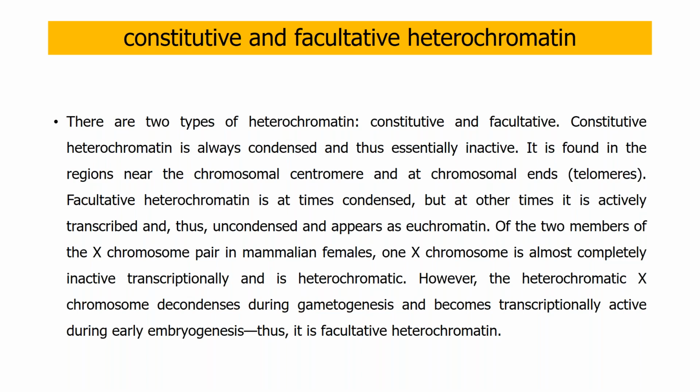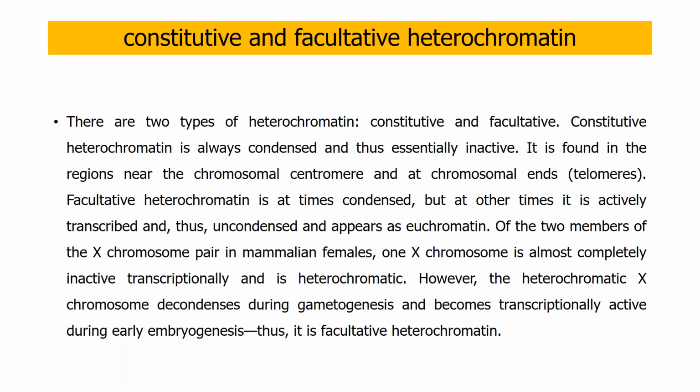Of the two members of the X chromosome pair in the mammalian females, one X chromosome is almost completely transcriptionally inactive. That is the heterochromatic. However, the heterochromatic X chromosome decondenses during gametogenesis and becomes transcriptionally active during embryogenesis, thus becomes facultative heterochromatin.